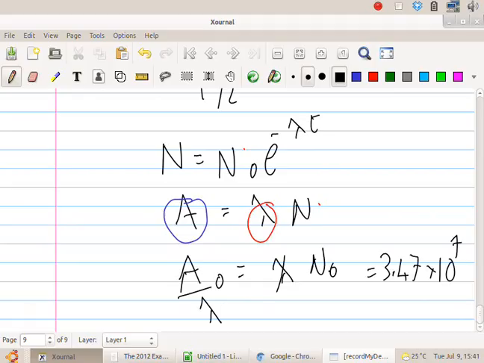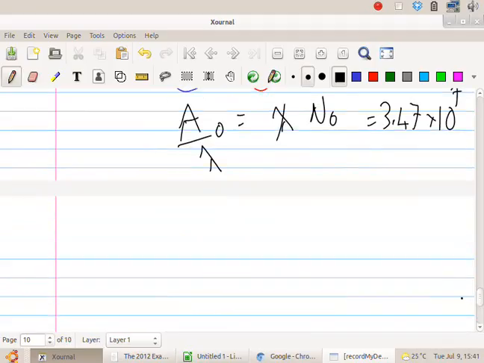I know the N0 now. So I can now put N0 into this formula, and then I can find the N. So I know N0, I know the lambda, and what's the t? 60.